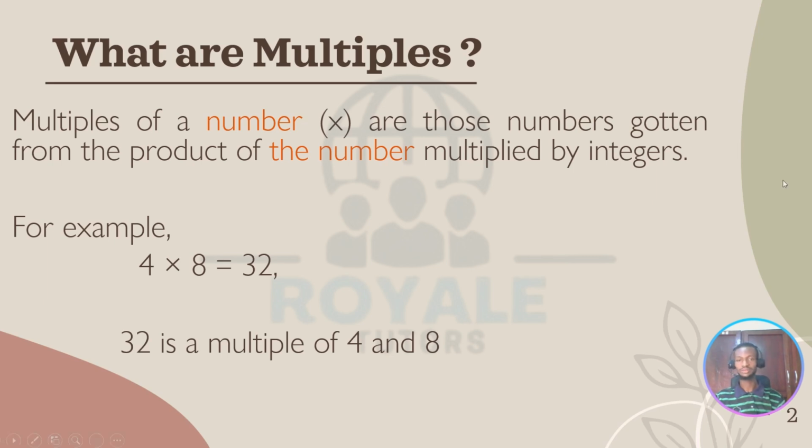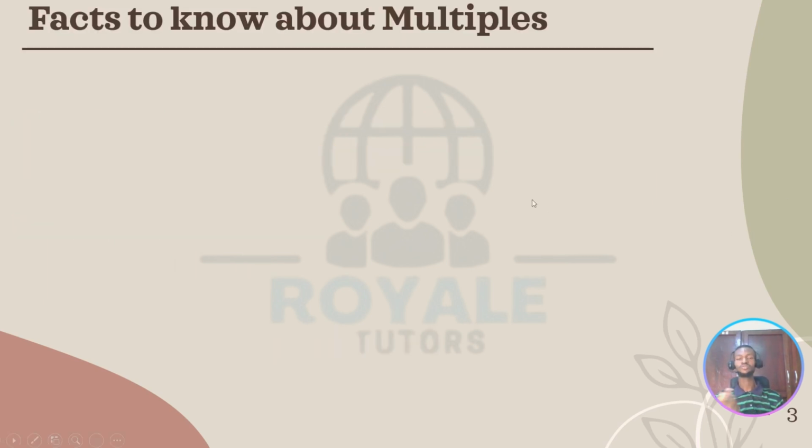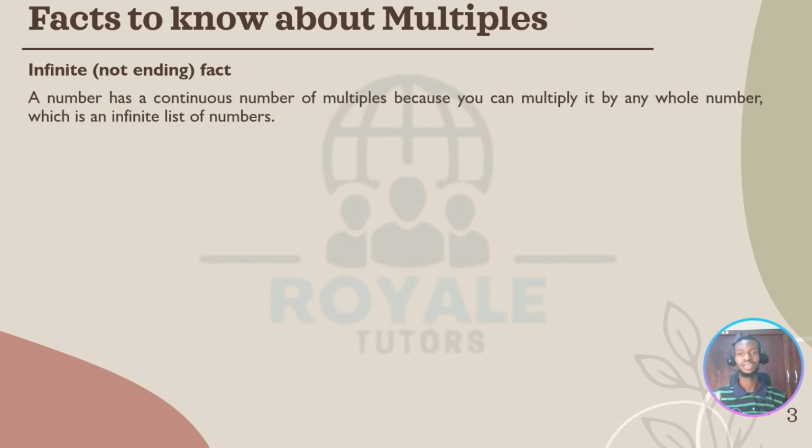That is the meaning. Now, there are some things you need to know about generating and identifying the multiples of a number. Number one, multiples of a number do not end. There are infinite facts about multiples.